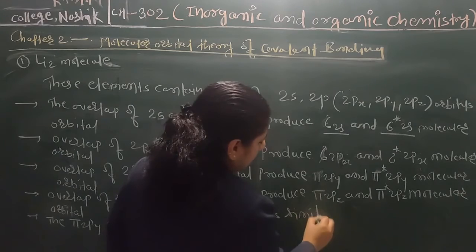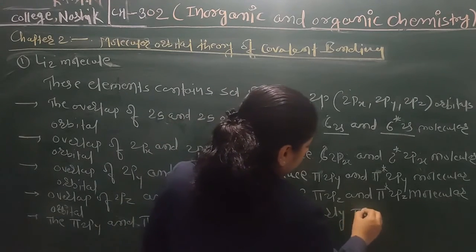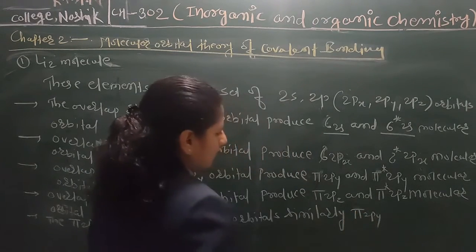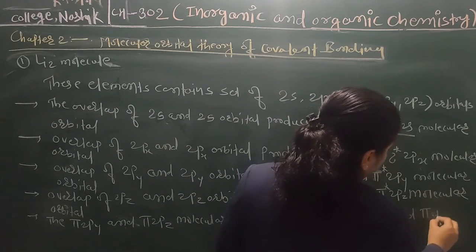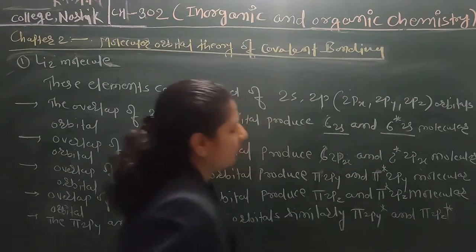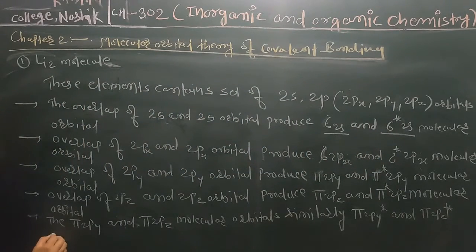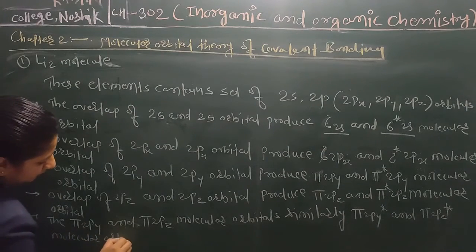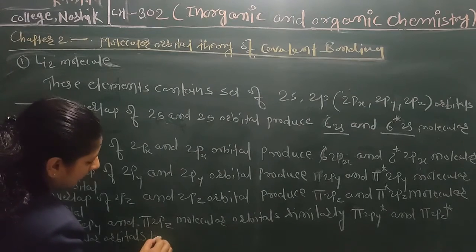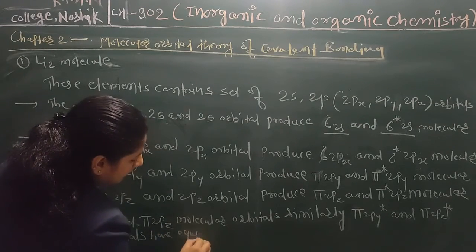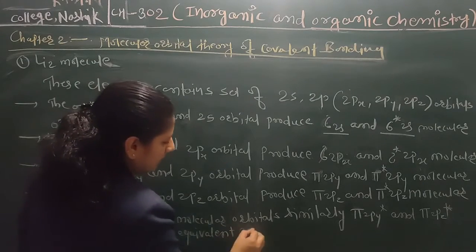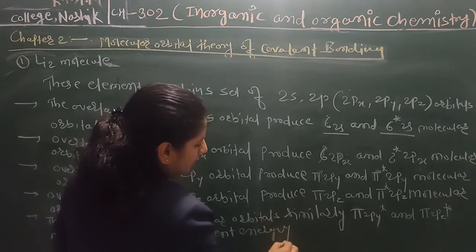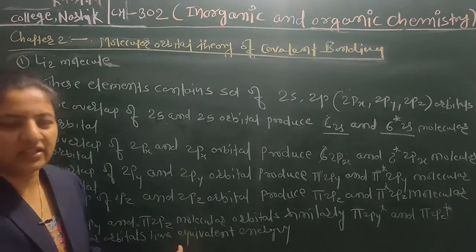Similarly, pi star 2py and pi star 2pz antibonding molecular orbitals have equivalent energy. So these orbitals are called degenerate orbitals.